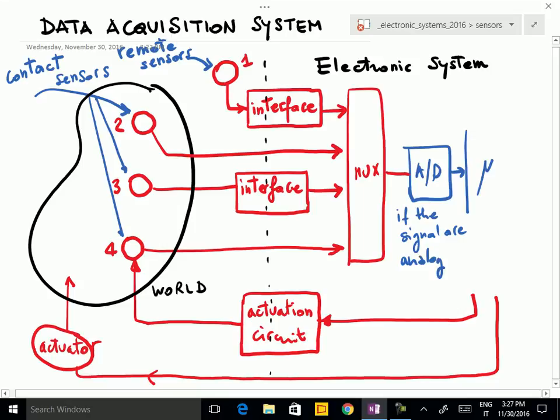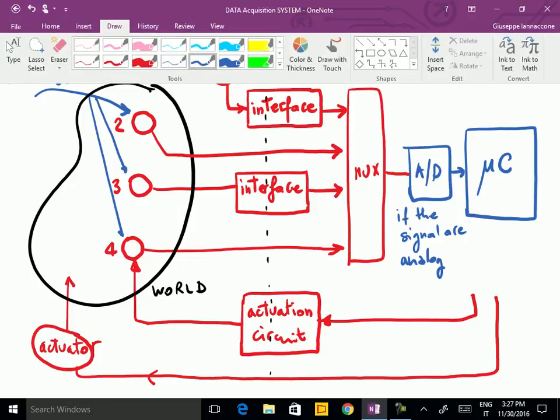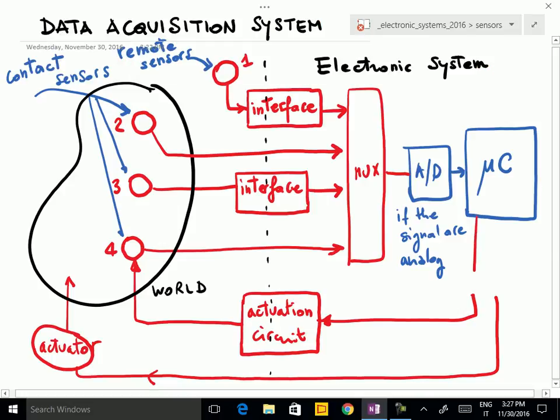And then we have a microcontroller which receives these signals as input and provides as output the electric signals for the actuation circuits, and of course talks with the memory and some peripheral circuits.